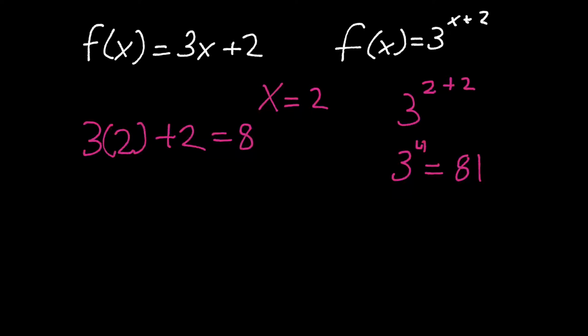Much bigger. So exponential functions can either get really big or really small really fast. And it's all based upon our exponents up here. And you can have x plus something, x minus something. It doesn't matter. It'll change how the graph works.